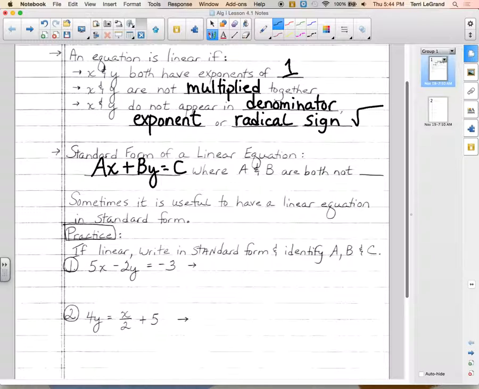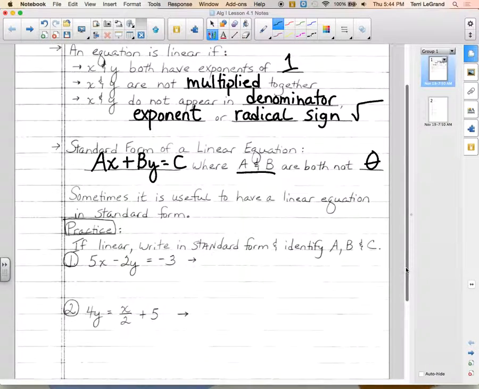But we have to say where a and b are both not 0. If we had 0 for a and 0 for b, we would not have any x's or any y's, and therefore we'd not have a linear equation. We need to have at least one of them, either some x's or some y's, or maybe both.